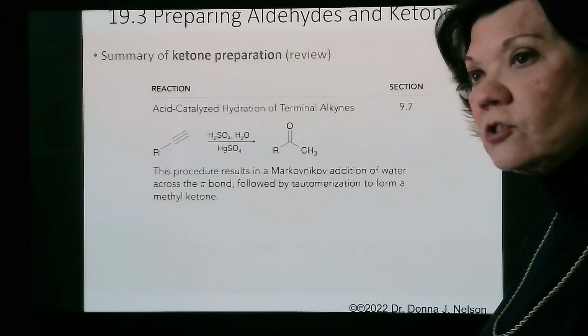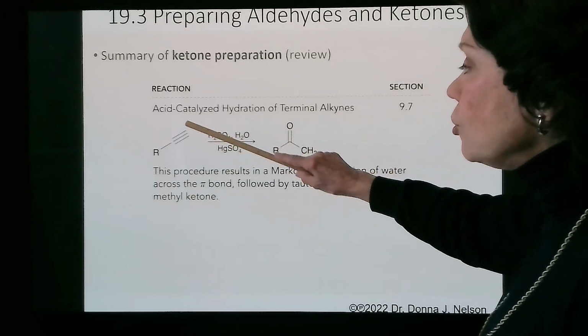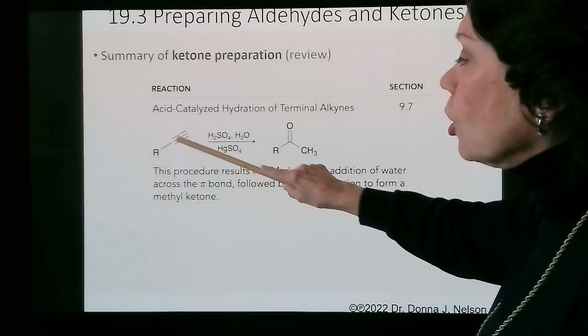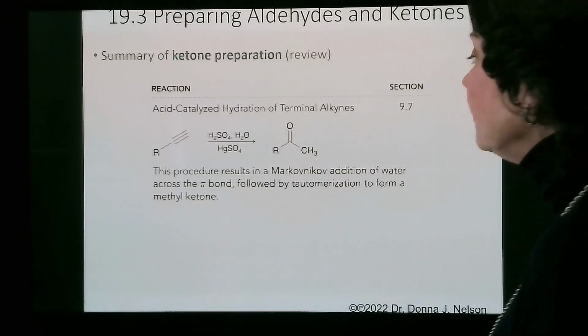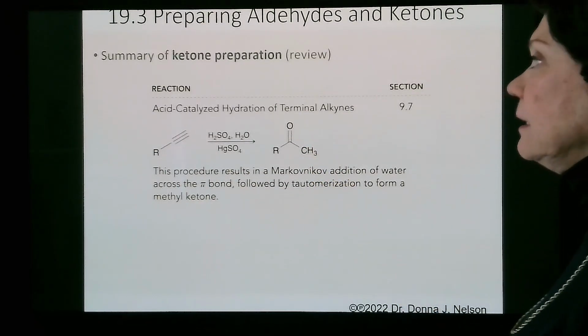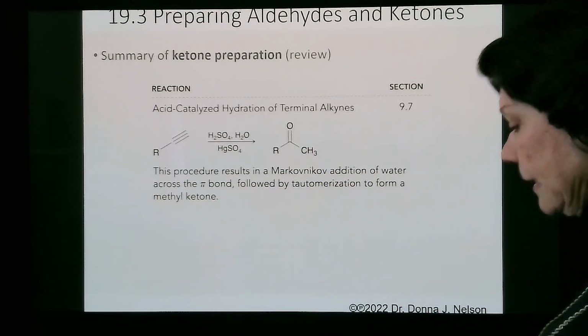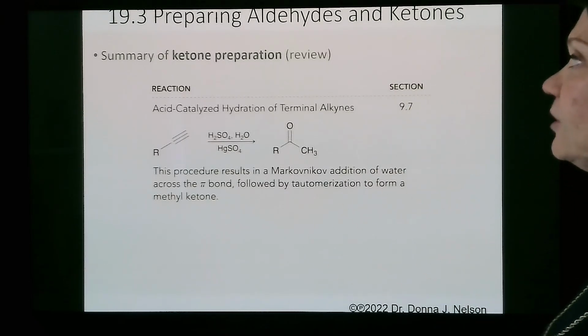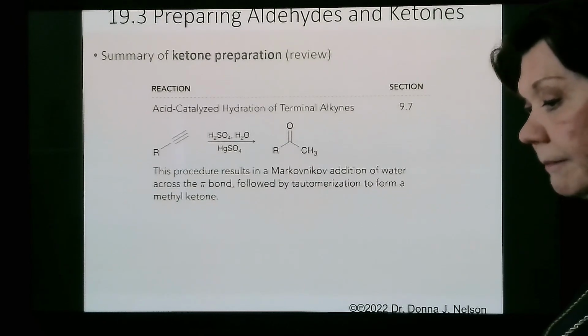The hydroboration-oxidation gave the terminal carbonyl. This gives the internal carbonyl, and that means the internal carbonyl is, of course, going to be a ketone. That comes from section 9.7 of this same textbook, Klein's textbook.